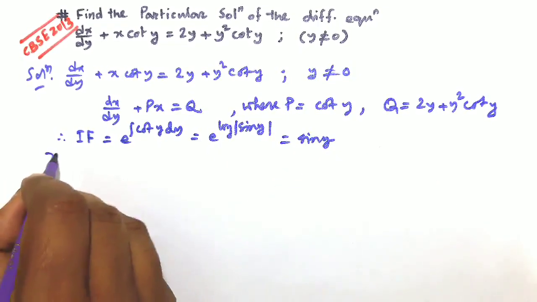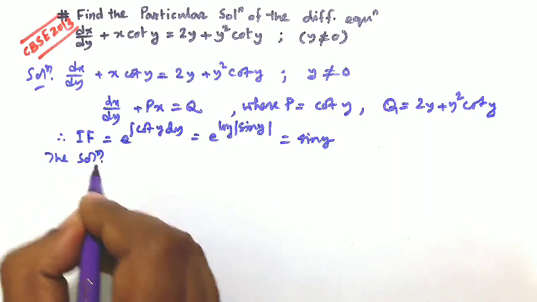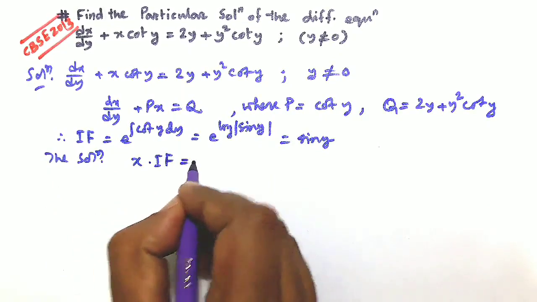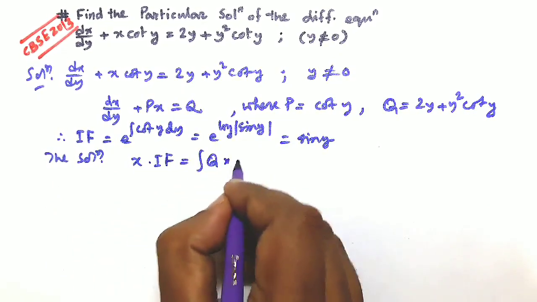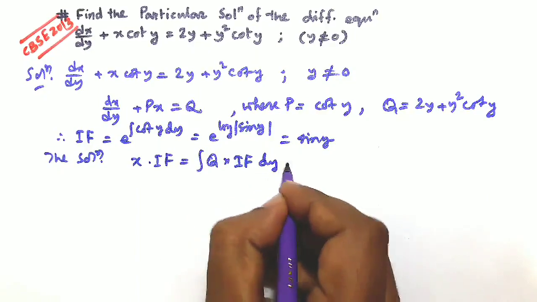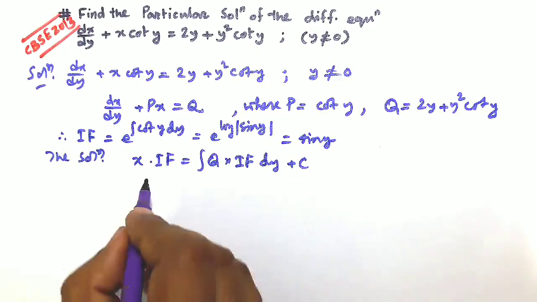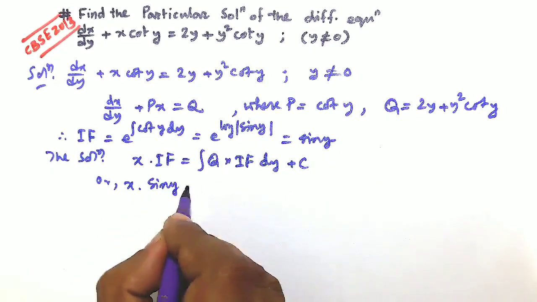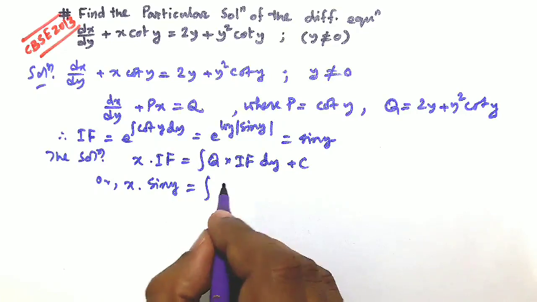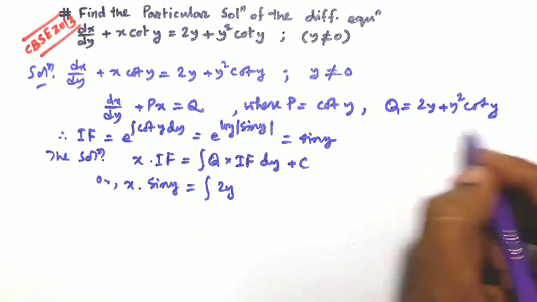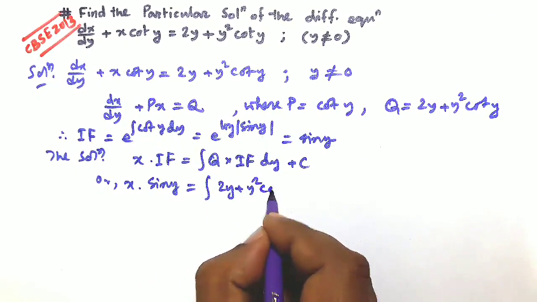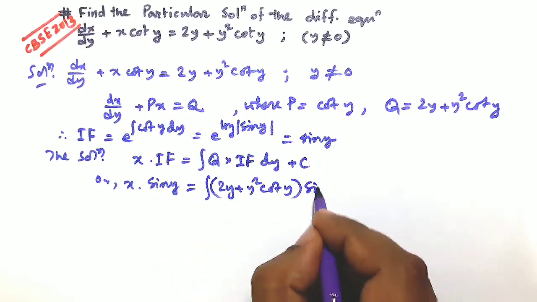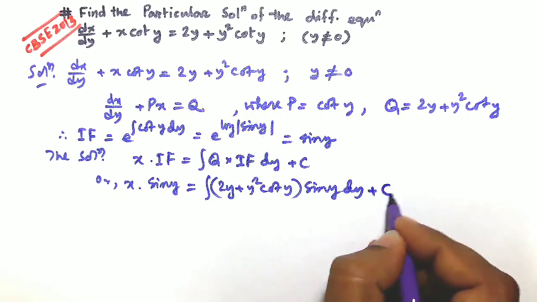So the solution now becomes like this, x into integrating factor is equal to integration q into integrating factor dy plus c, or we can write x into integrating factor sin y, so x sin y is equal to integration q, q is equal to 2y plus y square cot y, into integrating factor, that is sin y dy plus c.